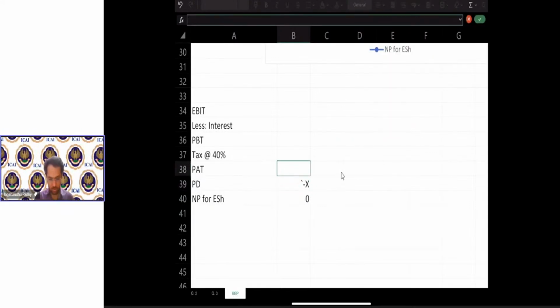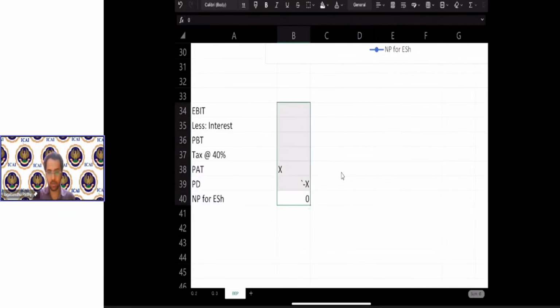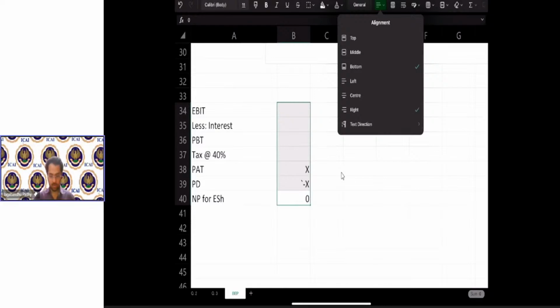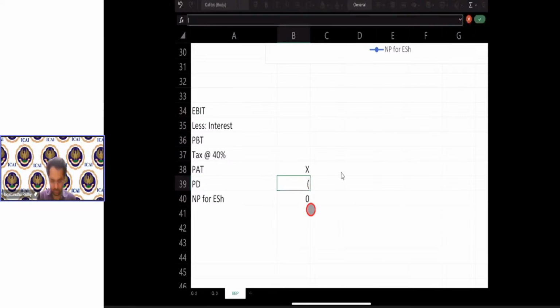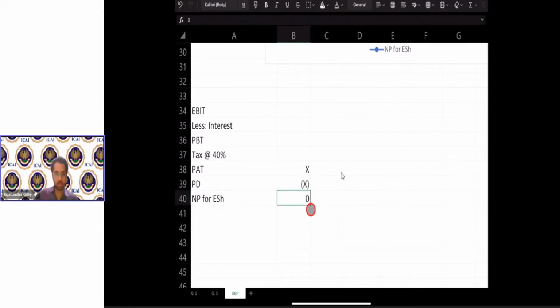PAT will be the same X figure, right? Because if your PAT is X, and from that you subtract X as preference dividend, you get the net profit for equity shareholders as 0.